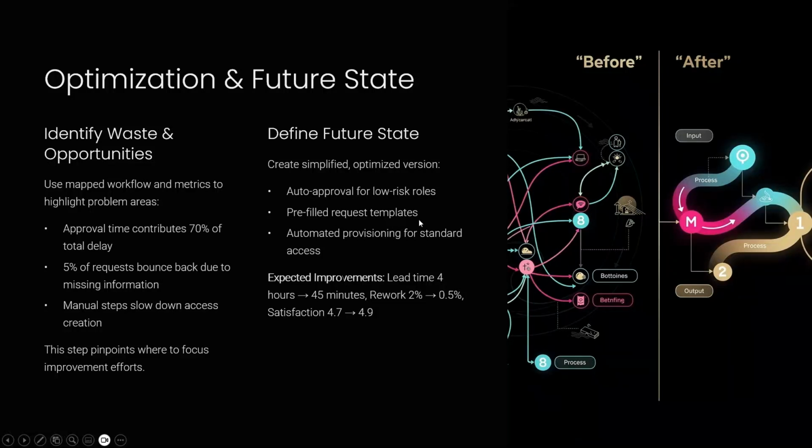Pre-fill request templates, we already talked about it. Automated provisioning for standard access. So this is the outcome that you are talking about. Lead time 4 hours to 45 minutes. Rework 2% to 0.5%. Satisfaction 4.7 to 4.9. So this is the expectation.